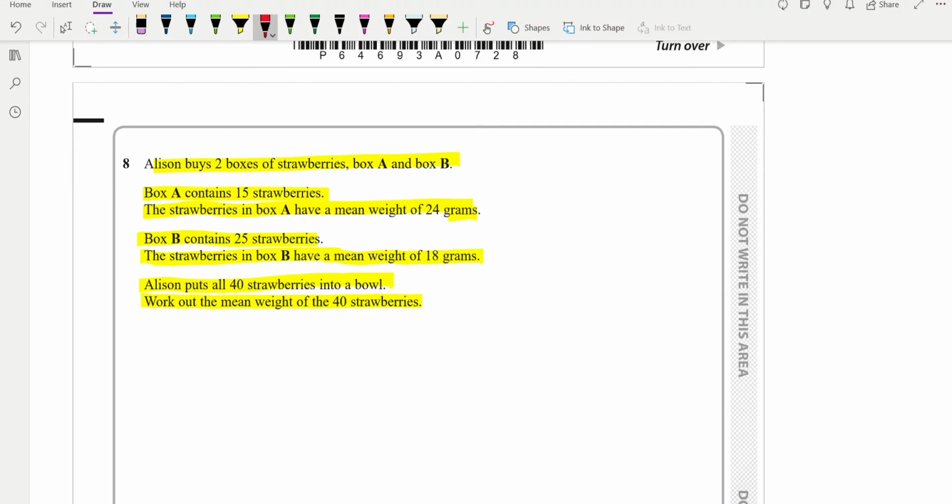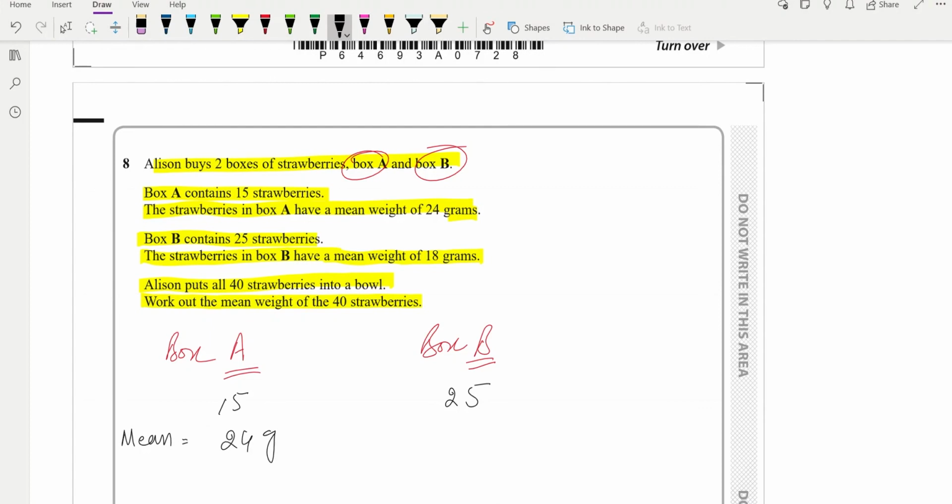So we can imagine two situations we can discuss, box A and box B. In box A we have 15 strawberries, and box B has 25 strawberries, and the mean in box A is equal to 24 grams, and in box B the mean is equal to 18 grams.